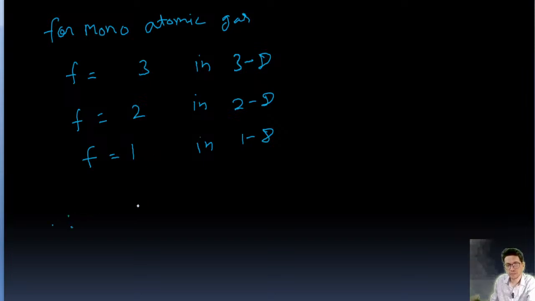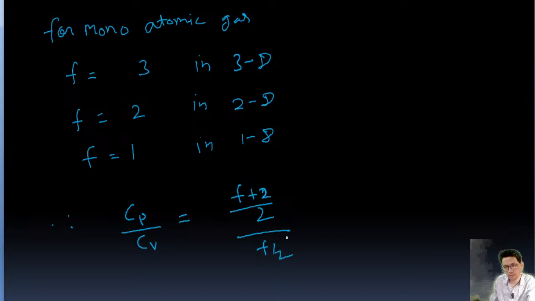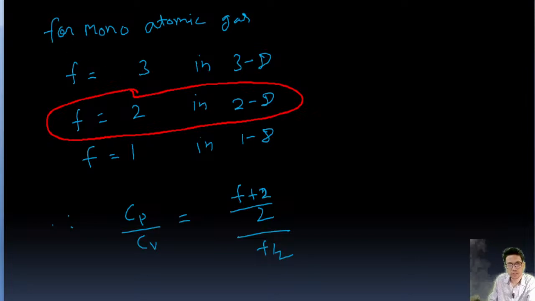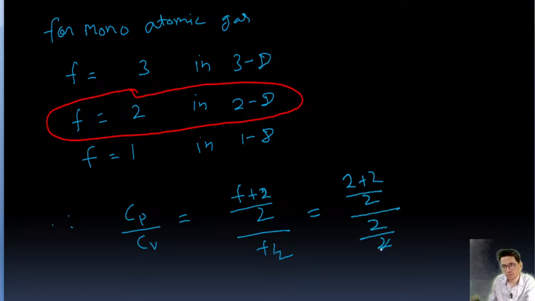So this means Cp upon Cv is going to be equal to F plus 2 by 2 upon F by 2. Okay, for 2D, for monoatomic gas, degree of freedom for 2D is this. So this is going to be F is 2, plus 2 upon 2 upon 2 upon 2. 2 will get cancelled, and this is 4 by 2, that is 2.